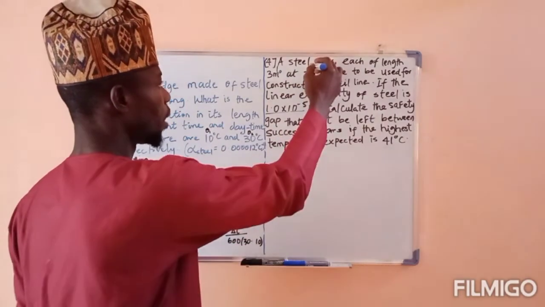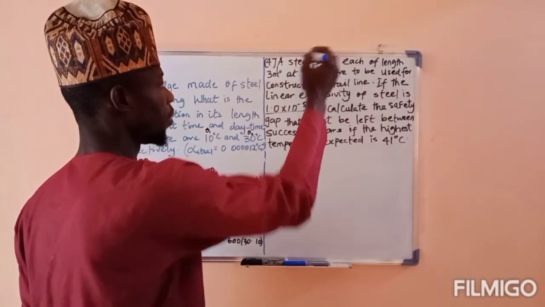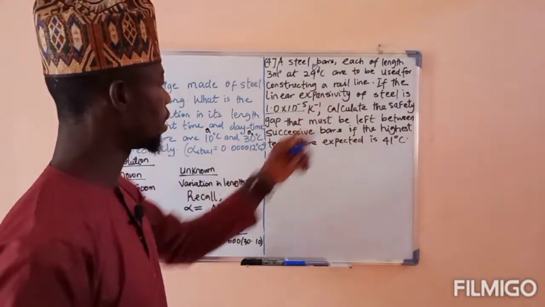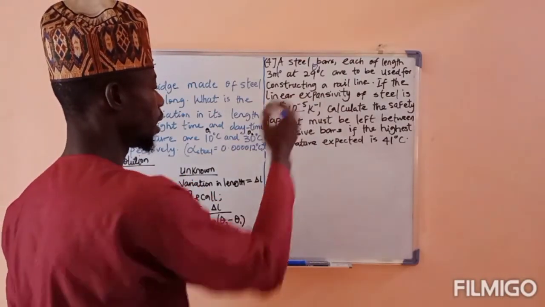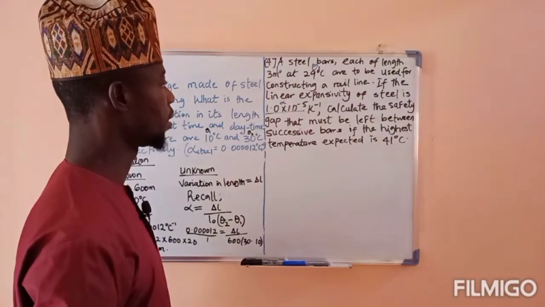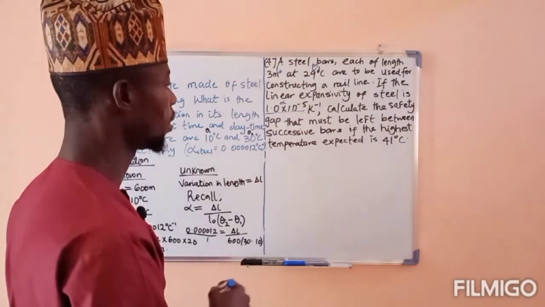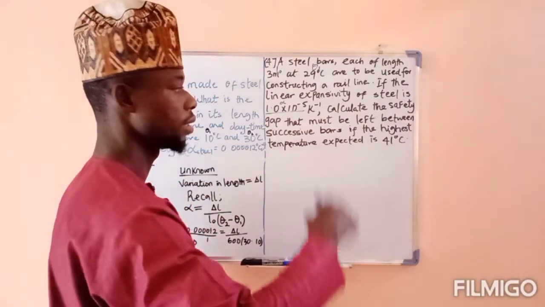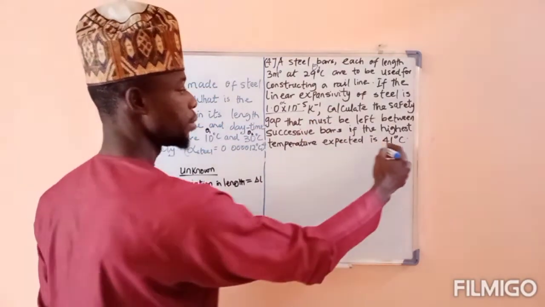So I call this one my θ1, original temperature. If the linear expansivity is this, already here is my alpha. Calculate the safety gap that must be left between them if the highest temperature expected, maybe that particular day, the highest temperature is what?